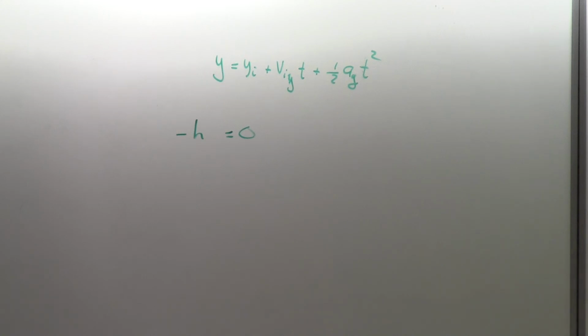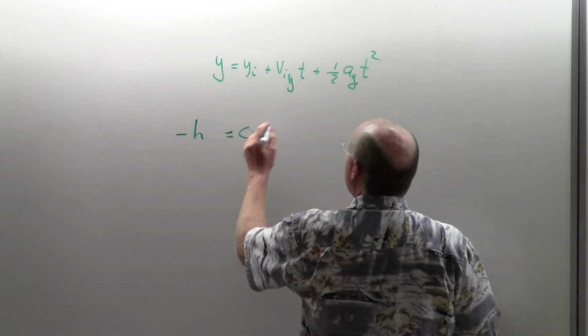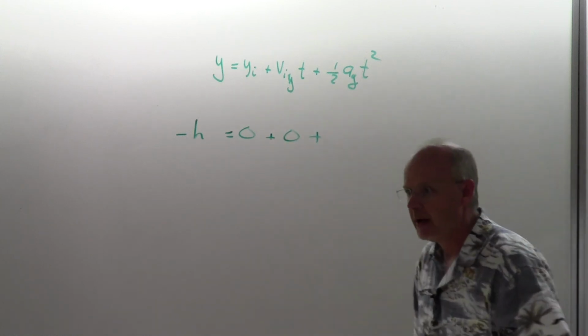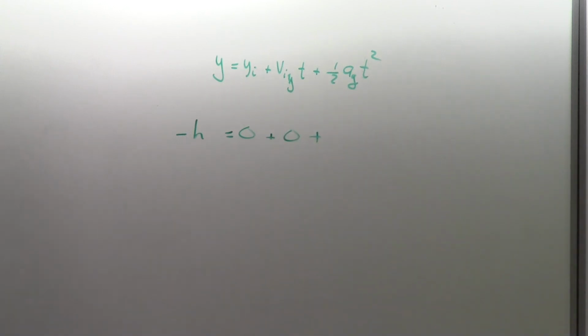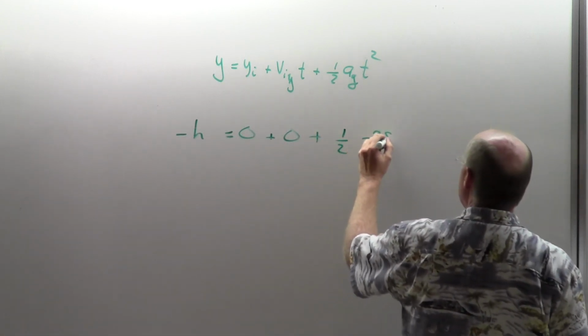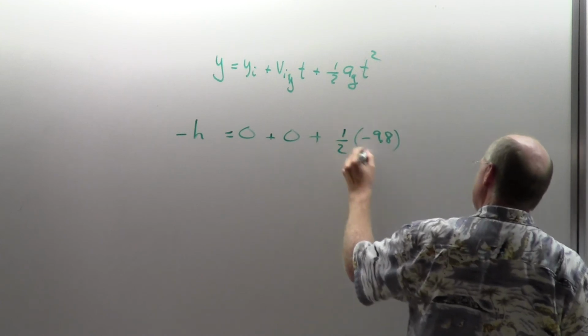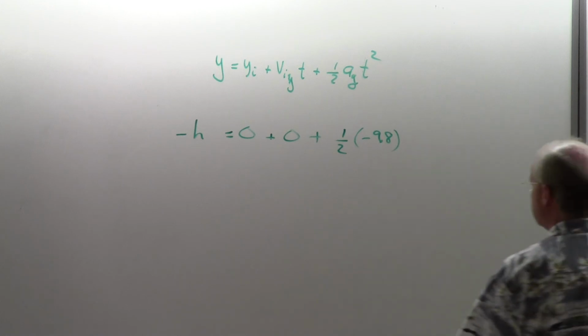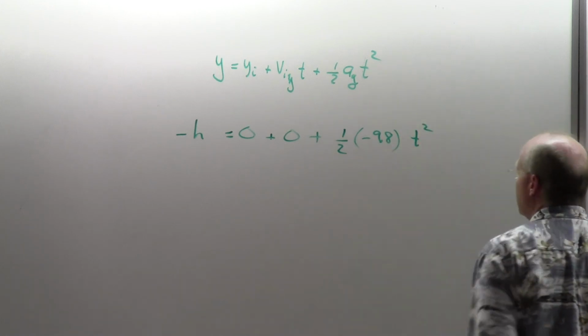All right, so continuing on here. Then this would be a 0 also, which was kind of the key to the problem here, that you fire it and you have a speed of 0 in the vertical direction, and then you have a 1/2, and if we're sticking to downward as a negative sign, I'm going to put a negative 9.8 and go t squared.